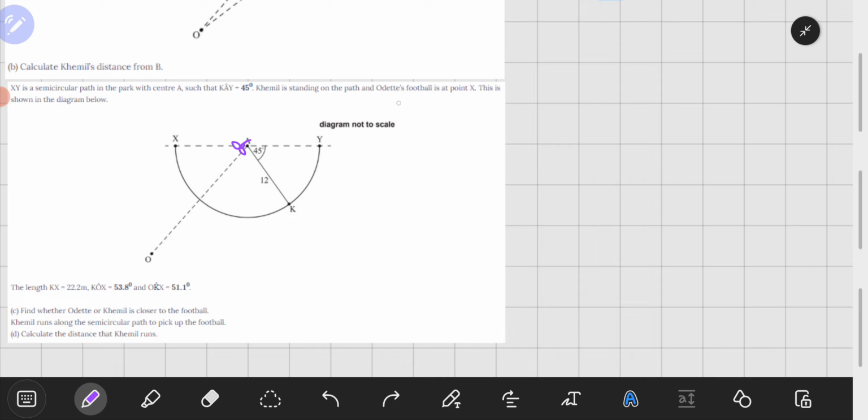Kemal is standing on the path and Odette's football is at point X. It's all shown in this diagram, of course.